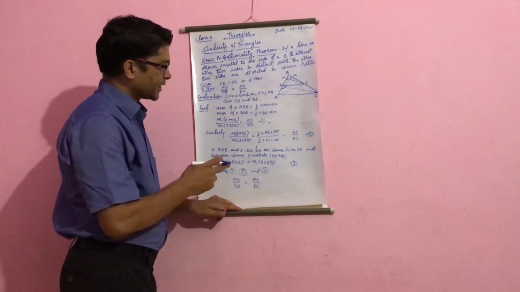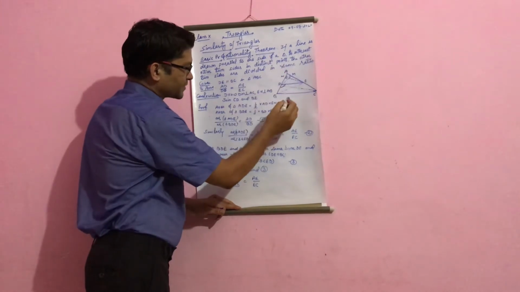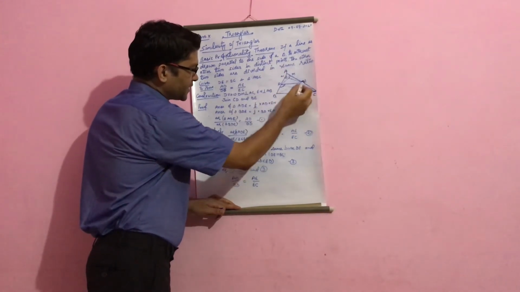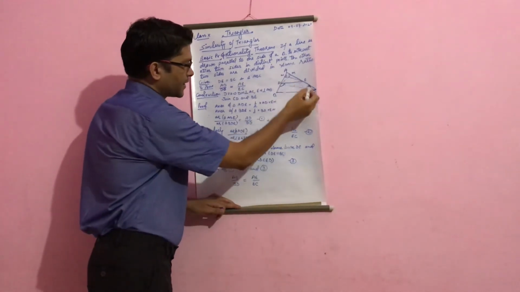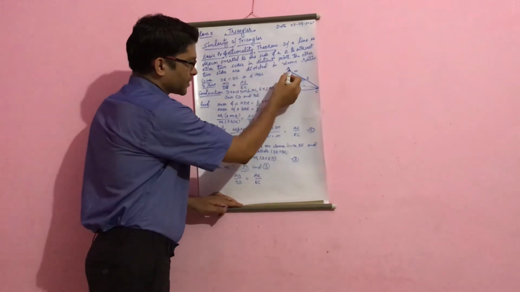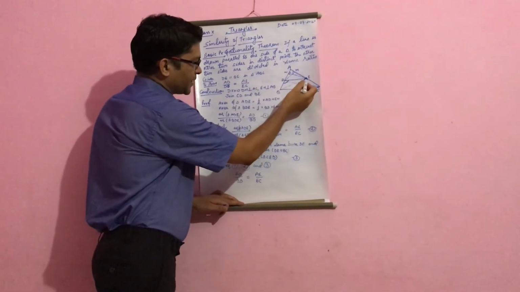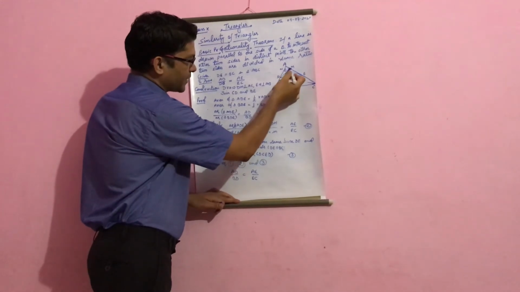Similarly, we will take the ratio of areas of triangle ADE and triangle CED. Look at these triangles ADE and CED. For triangle ADE, we can take base as AE and the corresponding height will be DM.